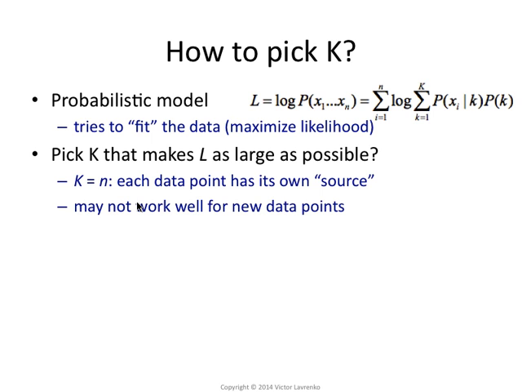So what you might want to do is say, okay, I'm trying to fit the data as best as I can, so maybe I should pick k based on whatever mixture model gives me the best fit to the data. And unfortunately, that is an ill-posed way of selecting k, because the likelihood is going to get higher and higher as you add more and more components to the mixture.